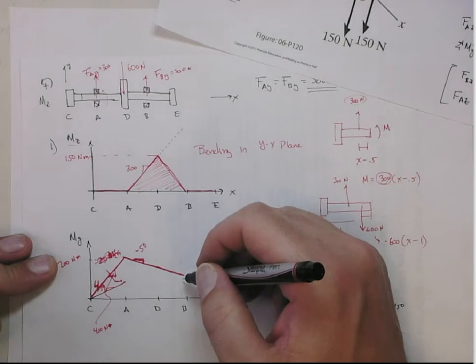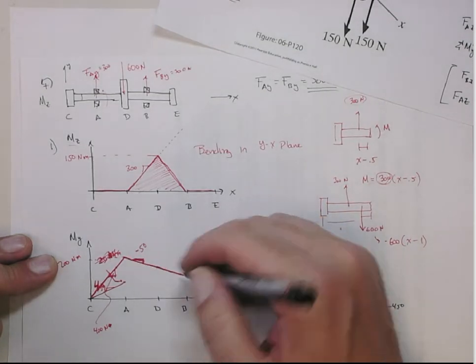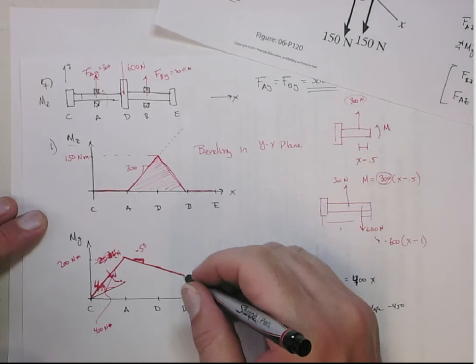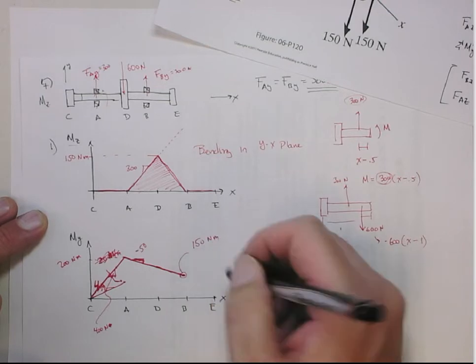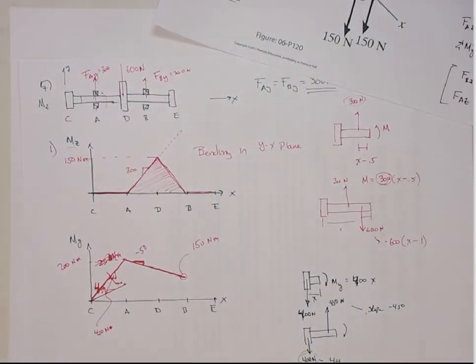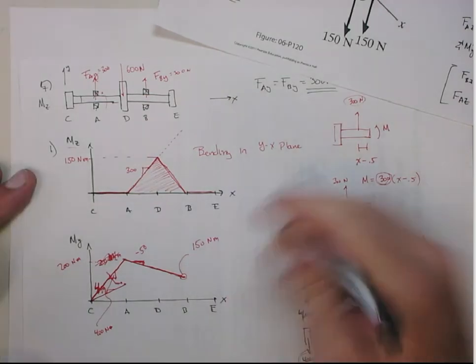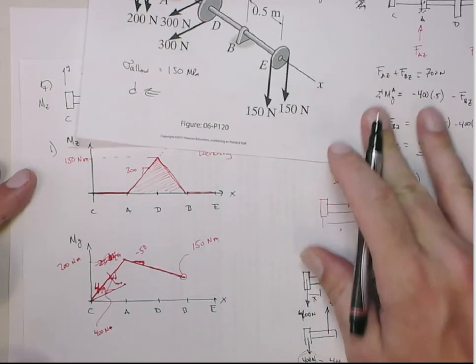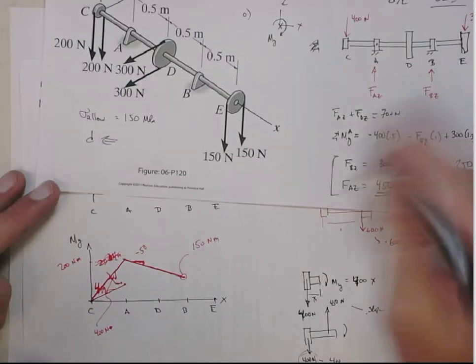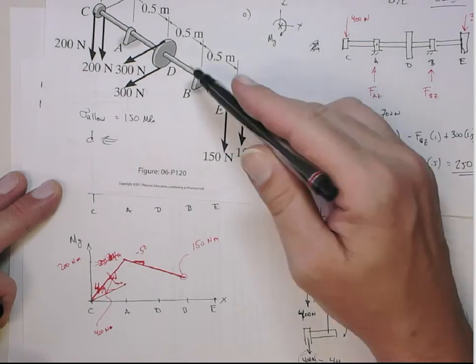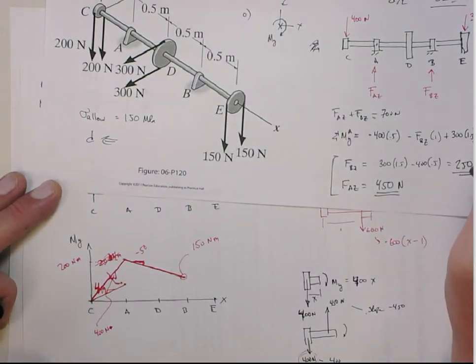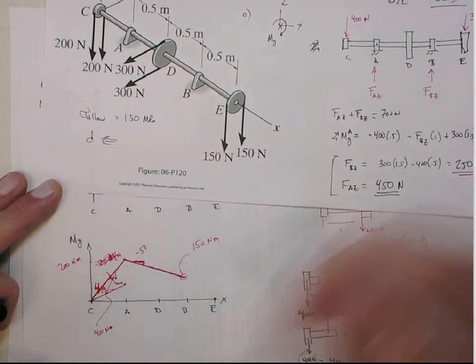The total drop here is going to be 50 times 1 meter, so minus 50. So this is going to drop down to a moment at this point of 150 Newton meters. Then we know that the moment should also drop down to 0 here, but just to check, you're going to have another contribution at B, the point force, which is 250 newtons. Wait, did I get this right?